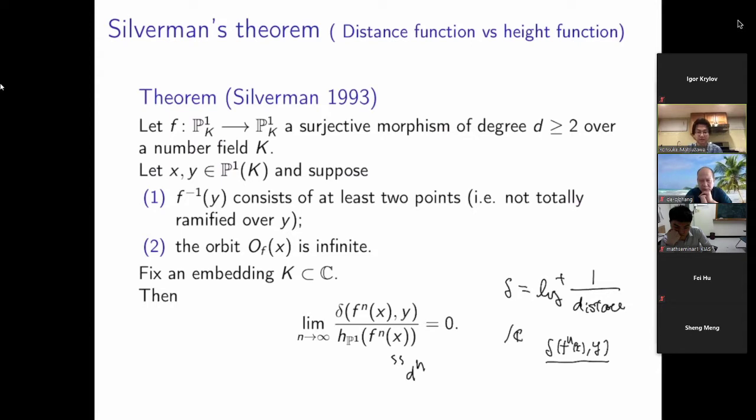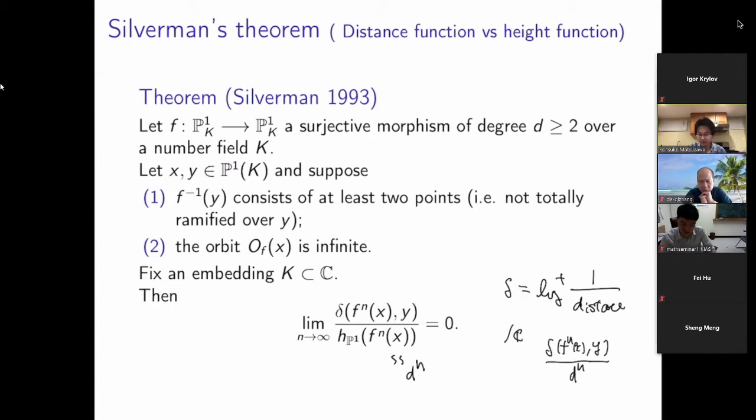D is the degree of f. So we can talk about the limit of this kind of ratio, and this doesn't go to 0 under these assumptions.